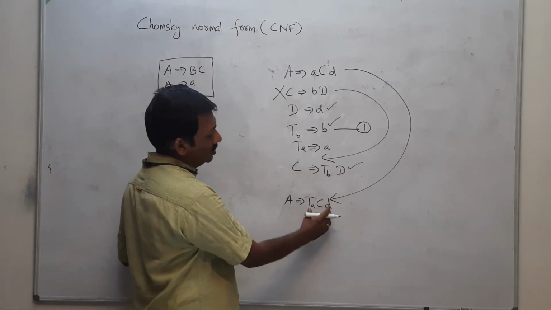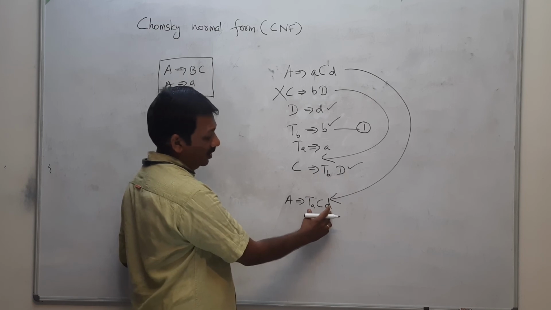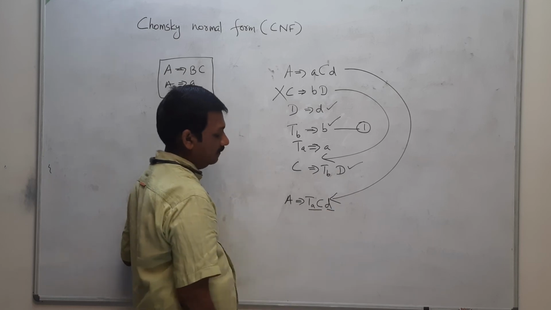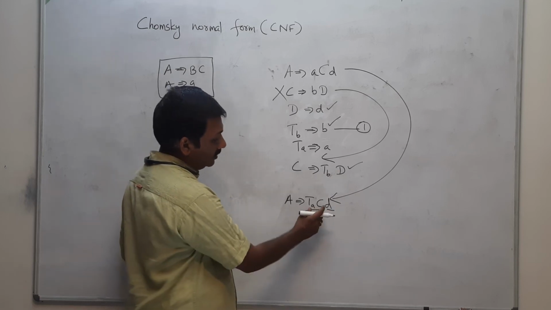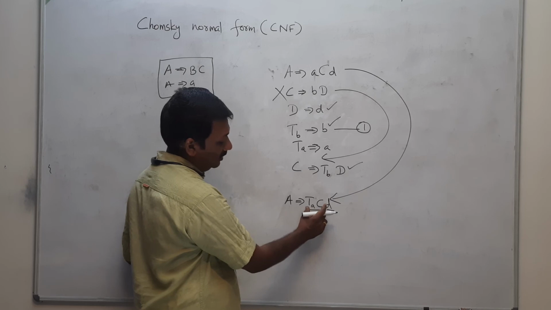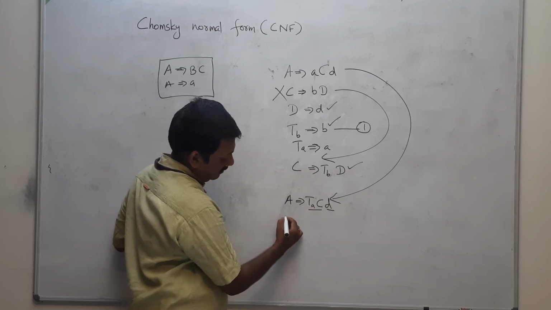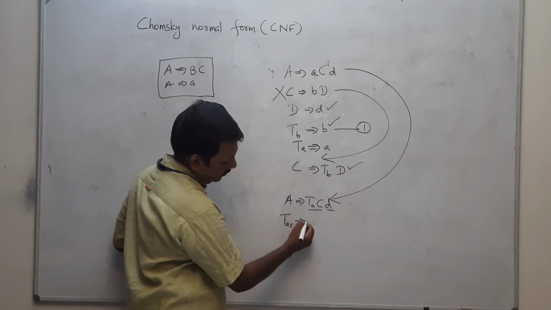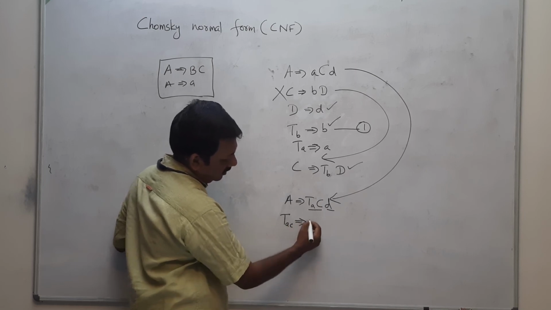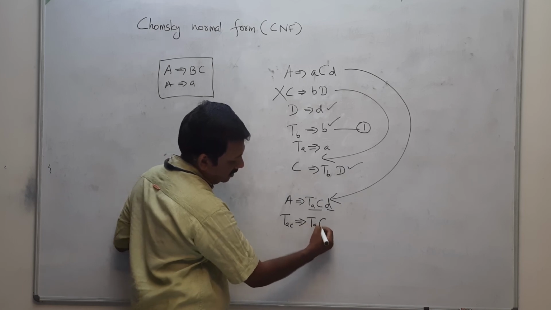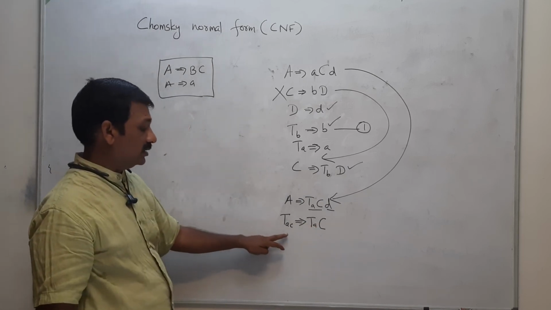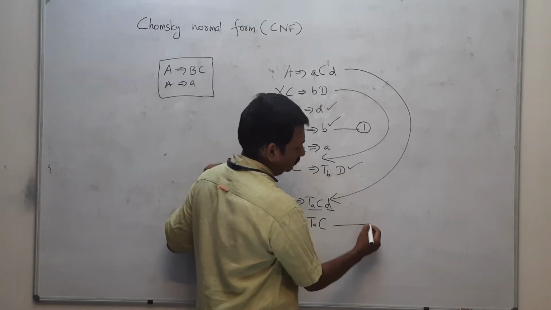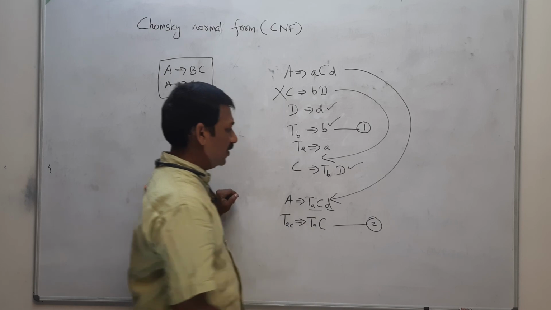Now this also is not in Chomsky normal form because here we have two non-terminals following a terminal. Now I am going to replace this TA followed by C with another variable. Say I am going to have T subscript AC derives TA C. That is another production I have added.